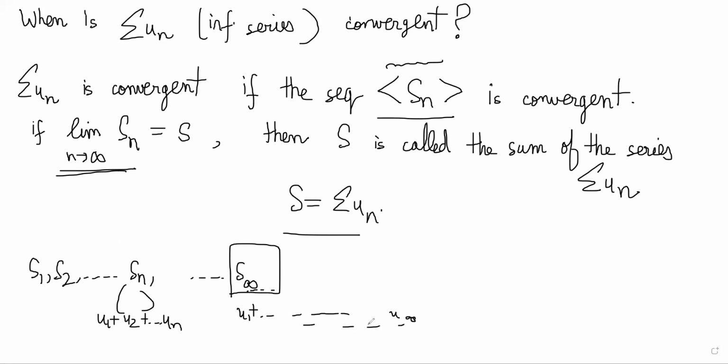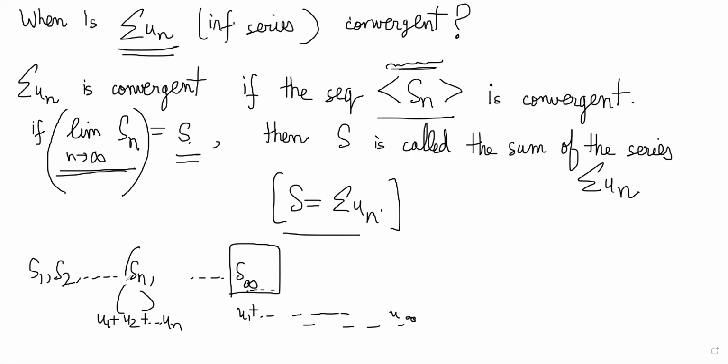So that is actually the value of the series. So basically, if my sequence of partial sums converges to a particular value, that means the limit as n tends to infinity of Sn is equal to that value. And that value will be the sum of the infinite series. Does it make sense?